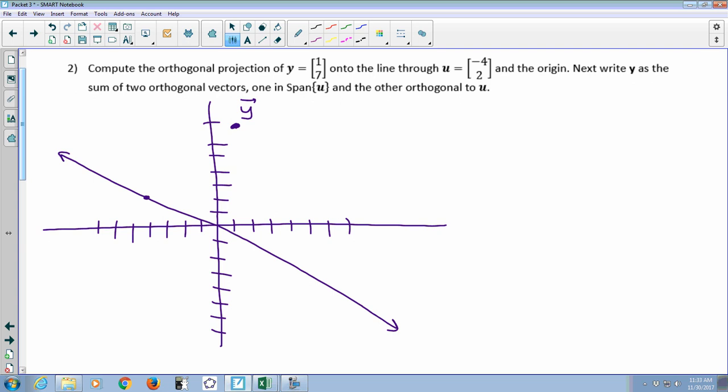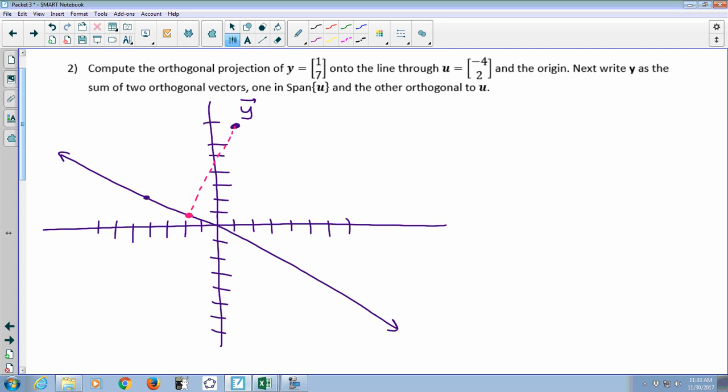It's called the orthogonal projection because I'm going to project y onto u by drawing a perpendicular line. So I'm going to go from y, draw a perpendicular line to u. And that point right there is in the span of u. That point is on the line. That's one of the vectors I'm looking for. The other is orthogonal to u, that's the pink vector I just drew.